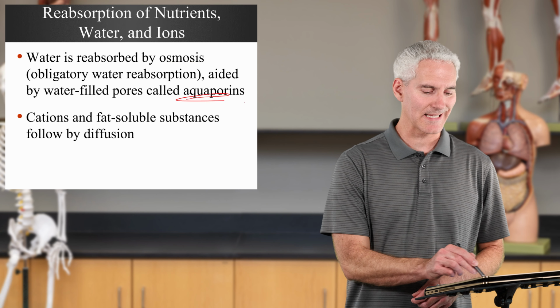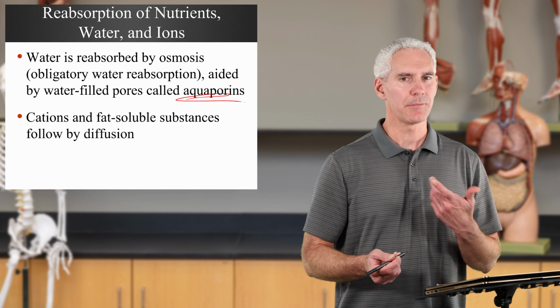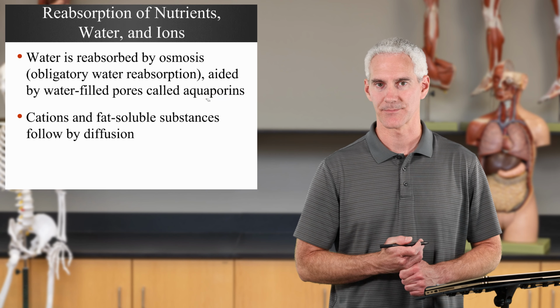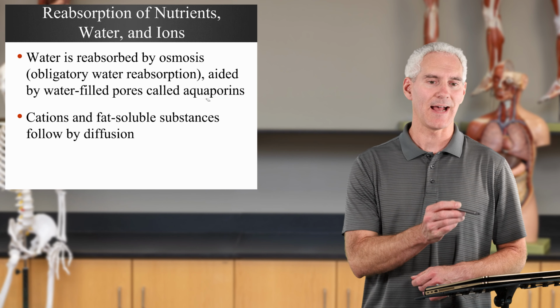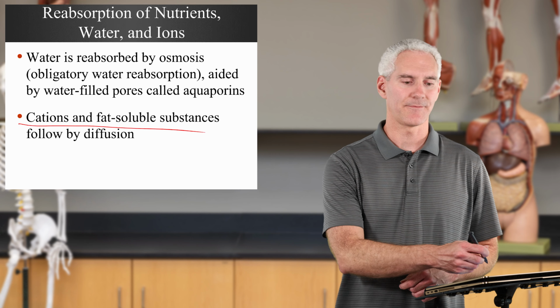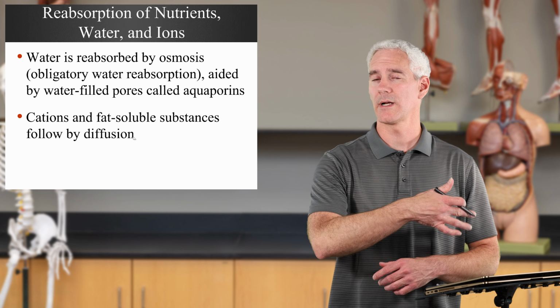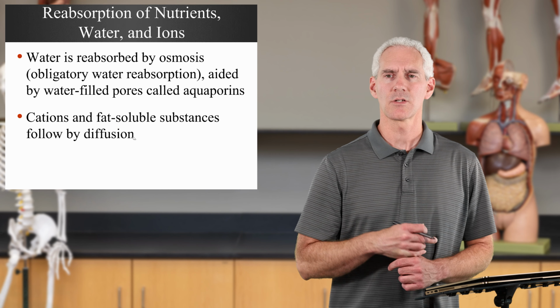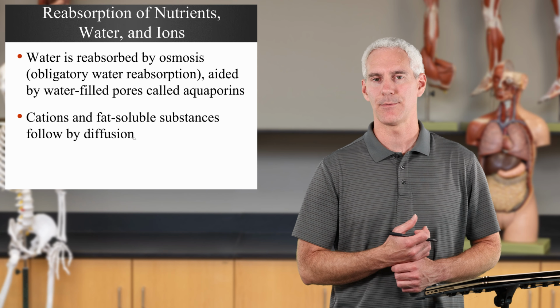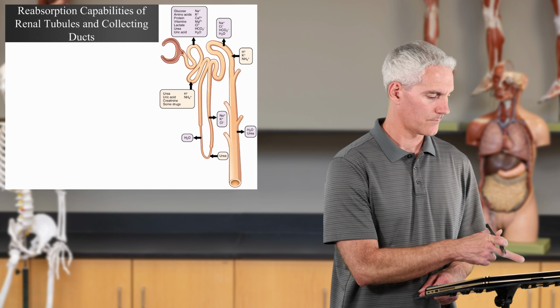Aquaporins can aid a little bit here, but most of it is based on the water going through osmosis. Cations and fat-soluble substances are usually followed by diffusion, simply diffusing right through the membrane. So a little more movement of water, a little movement of these cations and fat-soluble components as well.